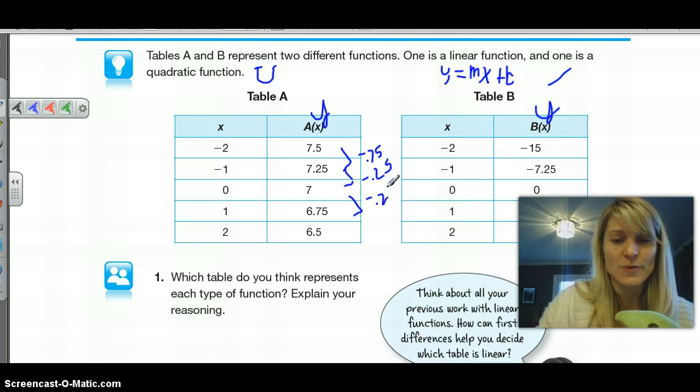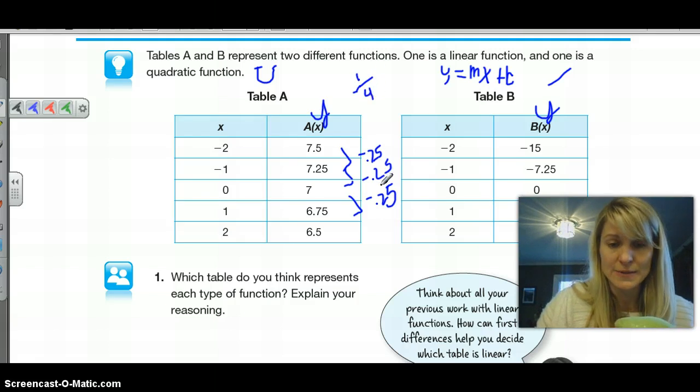So that means it's falling at the same rate over and over again. And you know that negative 0.25 is the same thing as negative 1/4. So it must be falling 1 and running 4. Okay, so because the difference is the same between every point, we know this must be a linear line. So this function is linear.